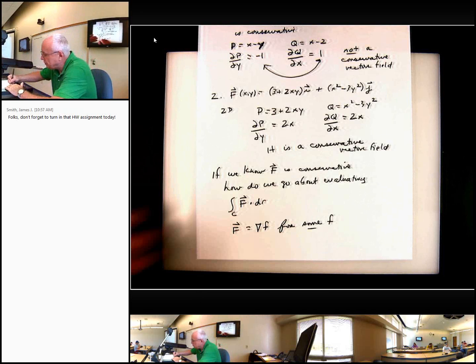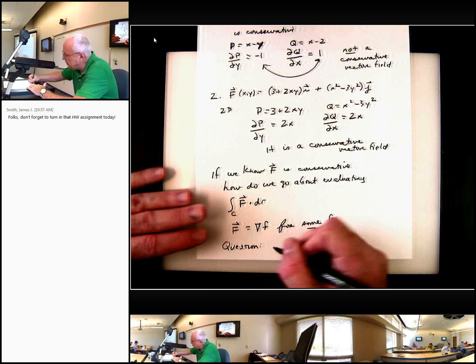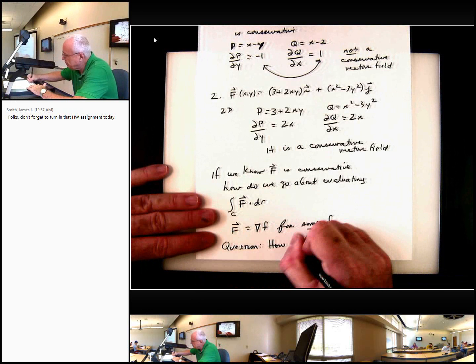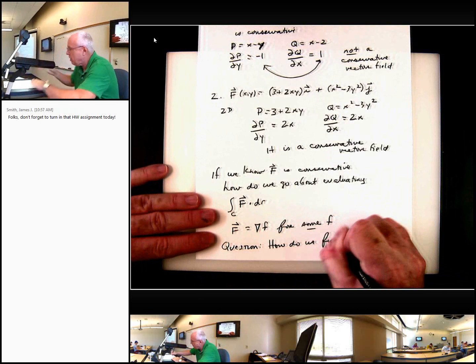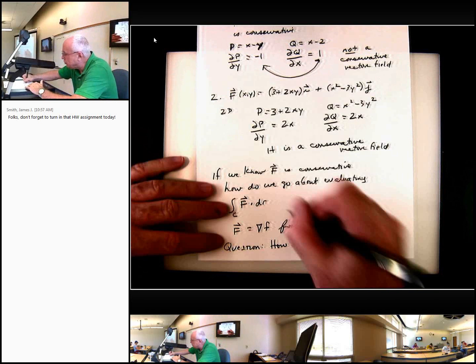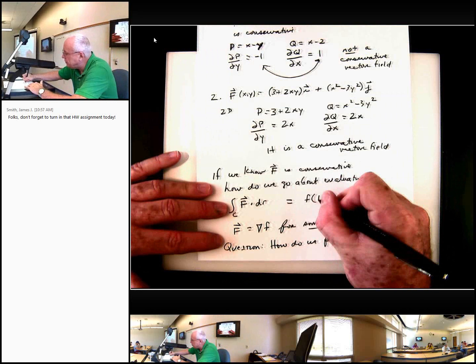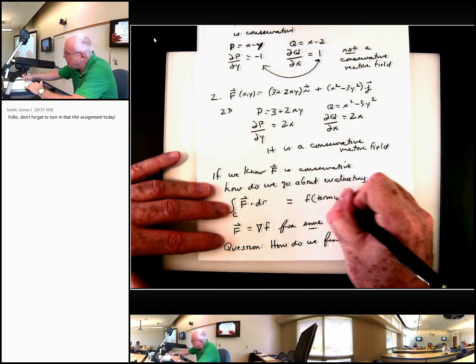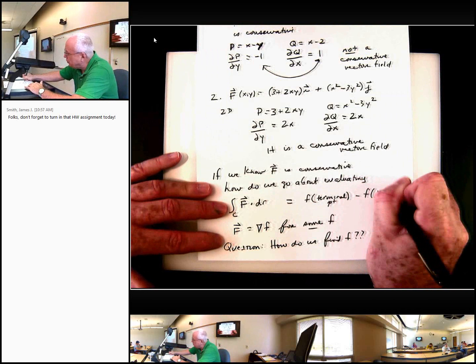So the question is, how do we find this little f function? Because the line integral is going to be equal to this little f function evaluated at the terminal point of the curve minus the little f function at the start point of the curve.